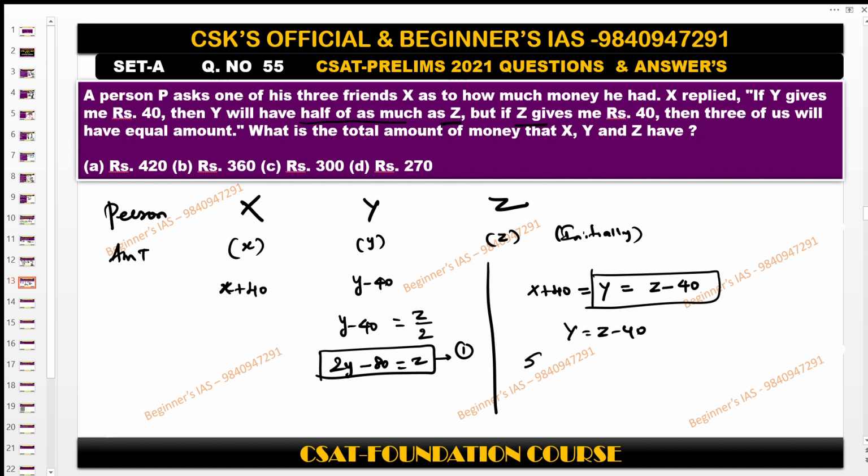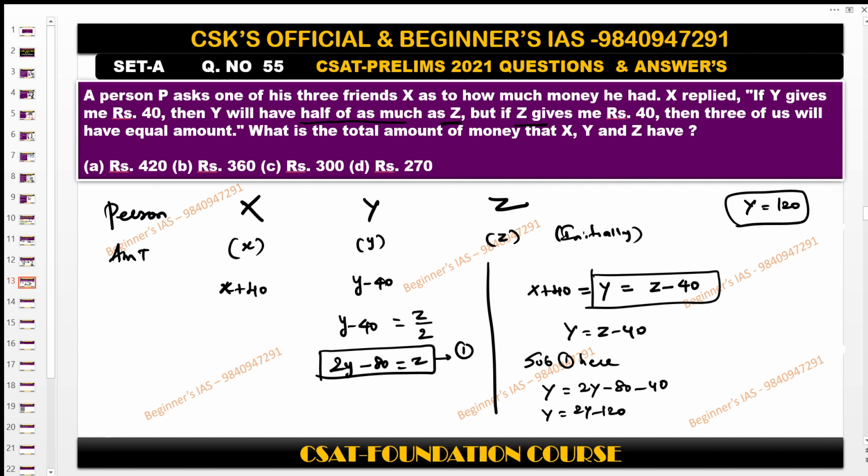Now substitute 1 here. Therefore y is equal to, substituting z, 2y minus 80 minus 40. Therefore y is equal to 2y minus 120. So bring it here, therefore y is equal to 120.